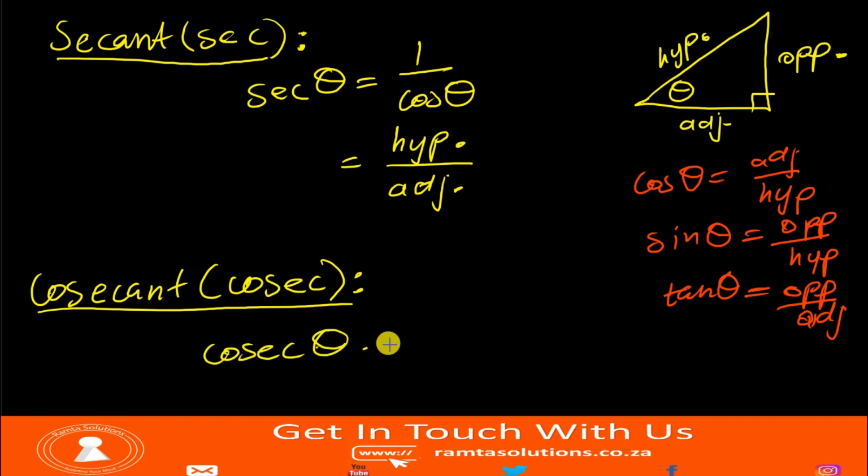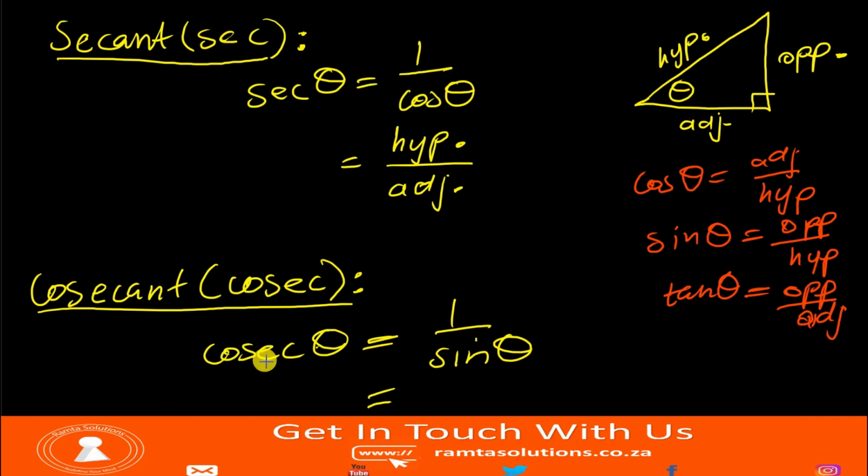Cosec theta is the reciprocal of sine theta. If you recall, sine theta is opposite over hypotenuse.